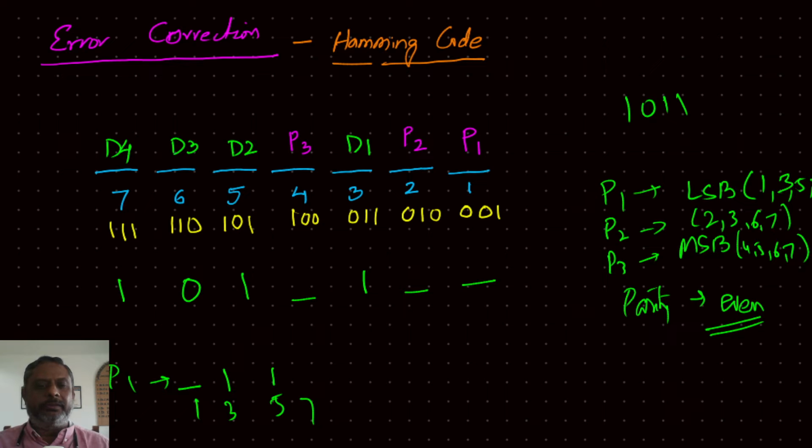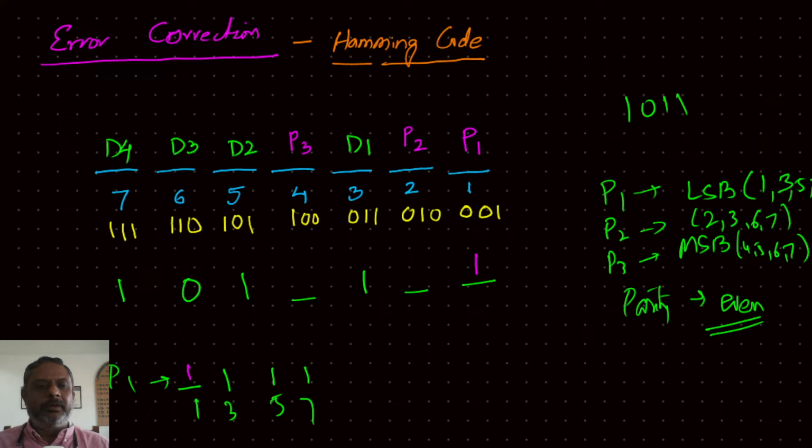And what is there at 7? At 7 we have a 1. So there are 3 ones, and we want even parity. That means the number of ones here is 3, which is odd. So to make it even, we need a 1 here. So if P1 is 1, then this whole thing will be an even parity. So use a 1 here.